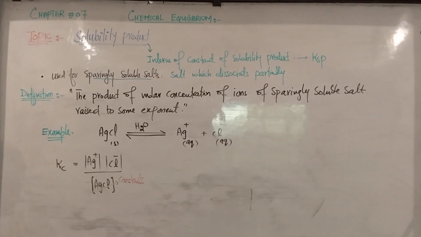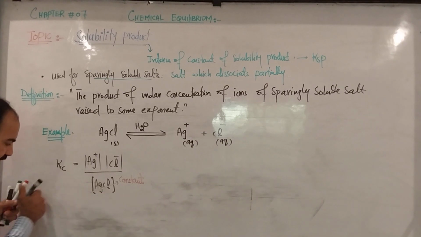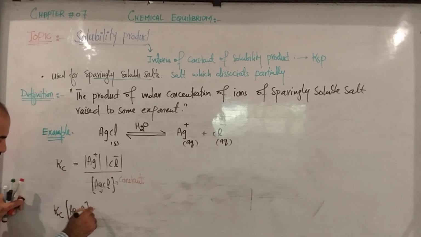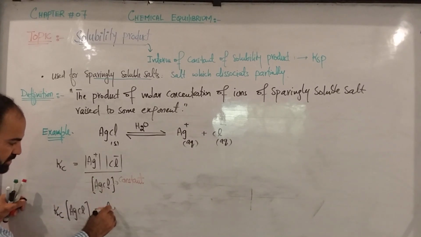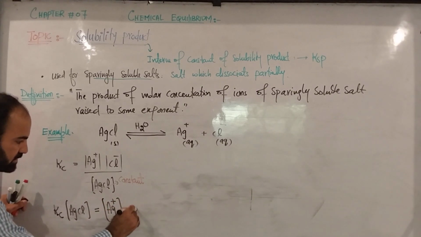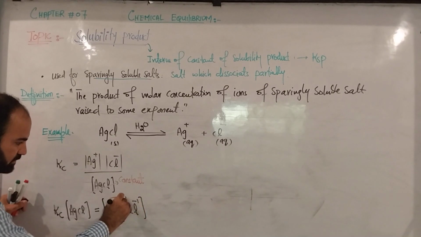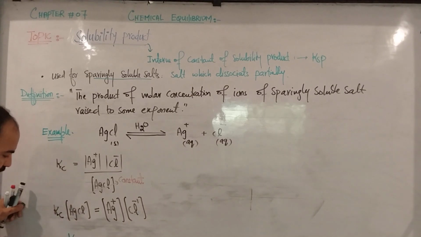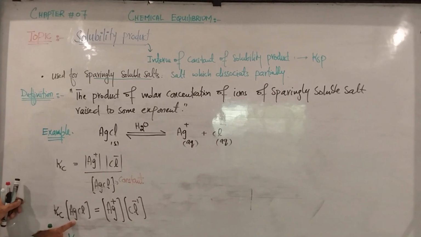So we have to combine this constant with the Kc to get another constant, and that is the concentration of silver ion and the concentration of chloride ion. So these two constants give rise to a third constant, and that is equal to Ksp, the constant for the solubility product of silver chloride in this equation.